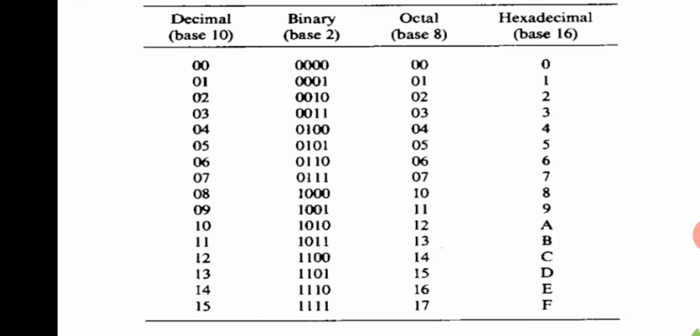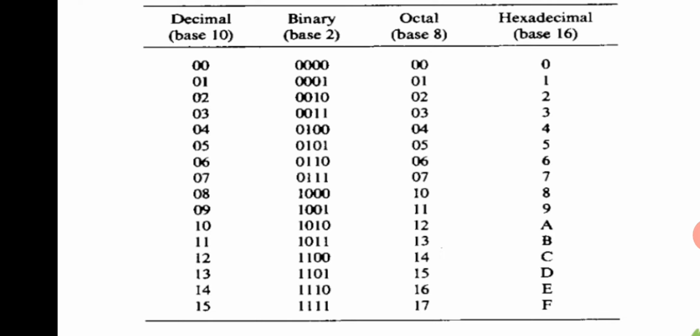Up to F, or up to 15, you can go with A to F. Only that much. From 10 to 15 is A to F, and that also should be in uppercase. 10 is nothing but A. 15 is nothing but F. Up to 15 you can represent. So from 0 to F is nothing but 0 to 15.